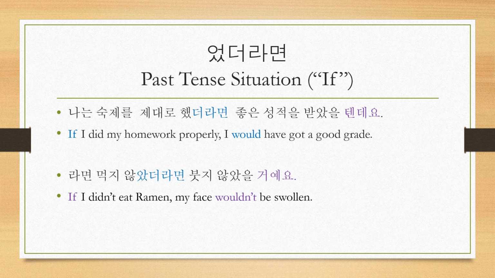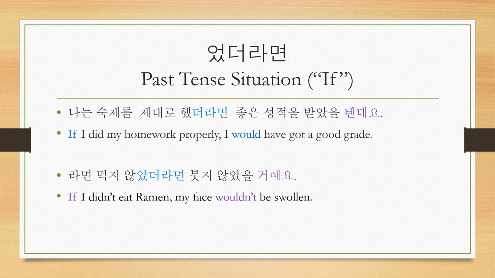But 더니 is a past tense reason. So for instance, ramen 먹었더니 is because I ate ramen, while this form is ramen 먹었더라면, which means if I ate ramen, and then the following clause is the outcome of that.